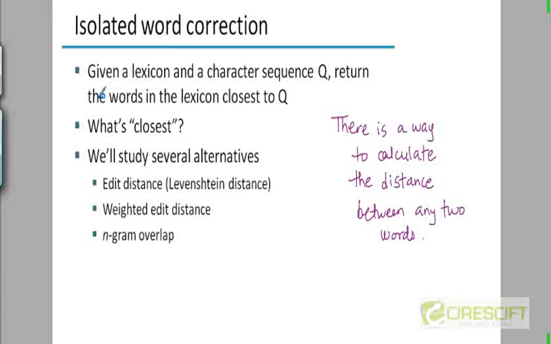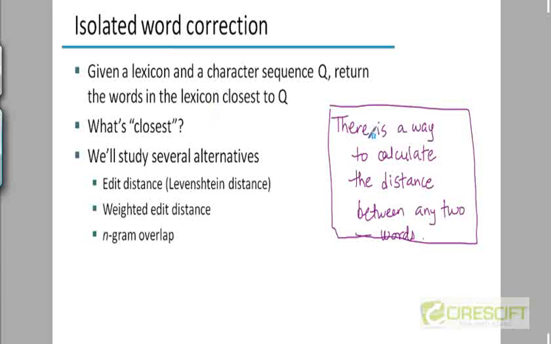And what we will do is, when we are given a query term, we will look up this lexicon and determine which are the words in the lexicon that are closest to the query term. And the way we will measure the closeness is by calculating this distance between the query term and the various words in the dictionary or the lexicon.